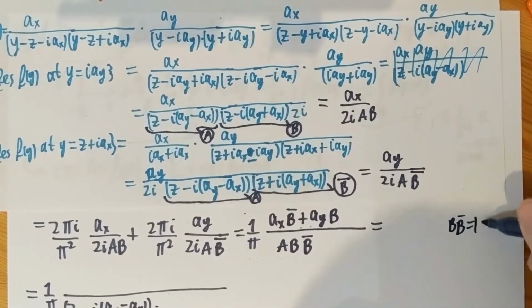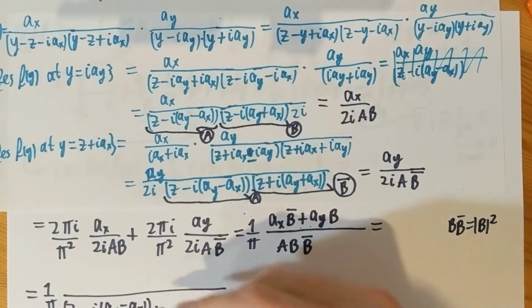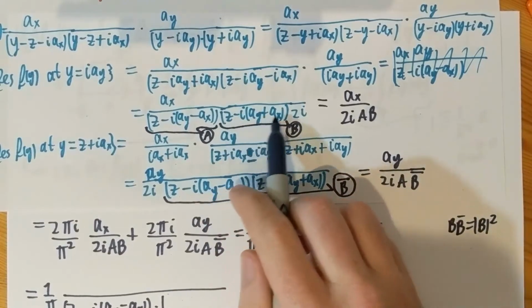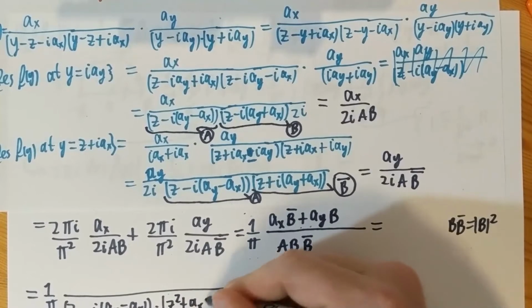It is, of course, the mod square of B, and that's just the square of the real part plus the square of the imaginary part together. So for B, that's going to be z squared plus the square of ax plus ay.